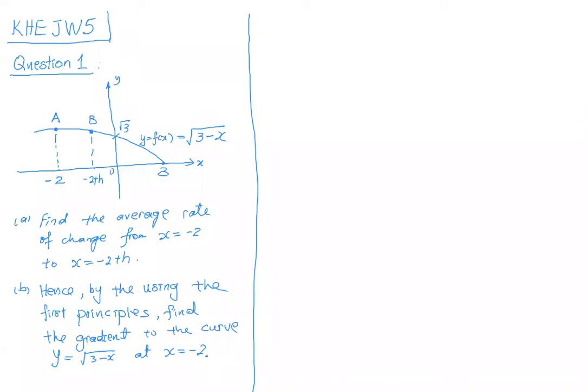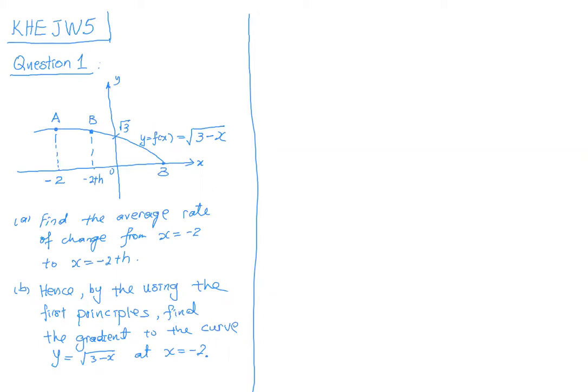Safan, can you tell us how to find average rate of change? Yes, miss. Firstly, I do the square root of 3 minus x plus h, minus, in bracket, square root of 3 minus x, per h. I use the formula. Which formula? The first principle formula that is in the textbook.